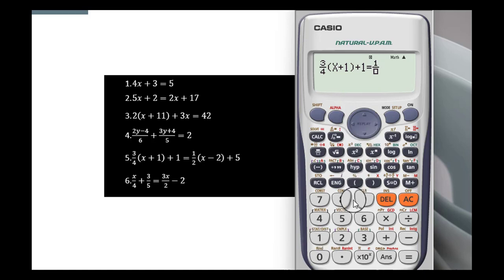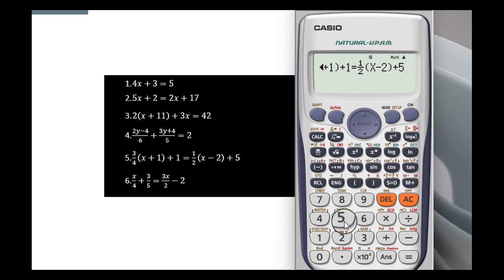You scroll down and press 2. Then scroll forward to open our brackets. Bracket open. Alpha x, because we have an x here, minus 2, bracket close, plus 5.